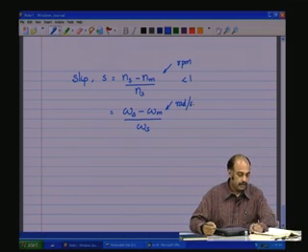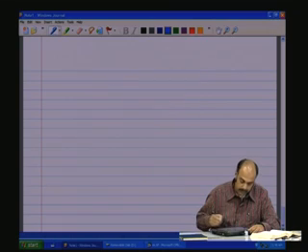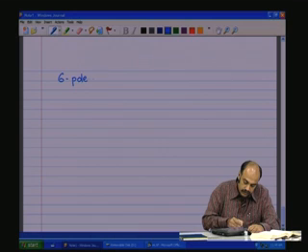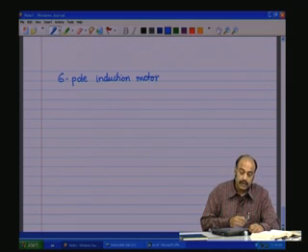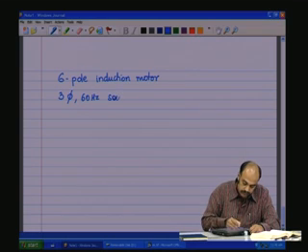Let us take a simple exercise on this from the book. So we have a 6-pole induction motor, and this is excited by a 3-phase 60 hertz source.